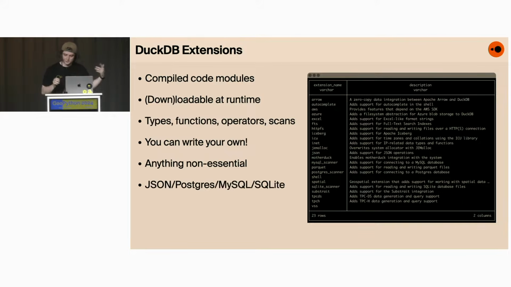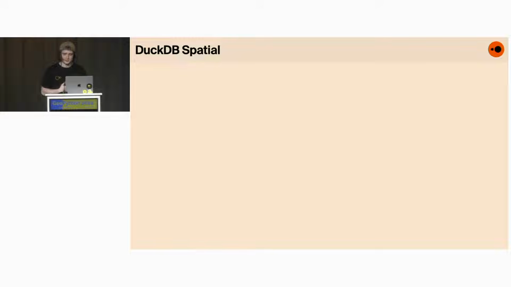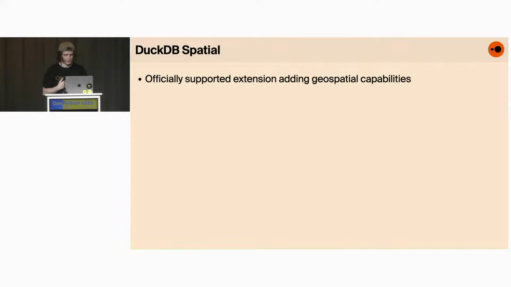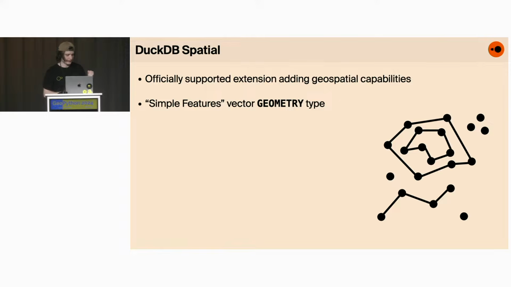and of course, Spatial. So DuckDB Spatial is the extension that I've been working on during my time at DuckDB Labs. It is an official, supported extension by us that adds geospatial capabilities. It does this through this simple features vector geometry type. So you can store points and polygons and line strings, all that good stuff.